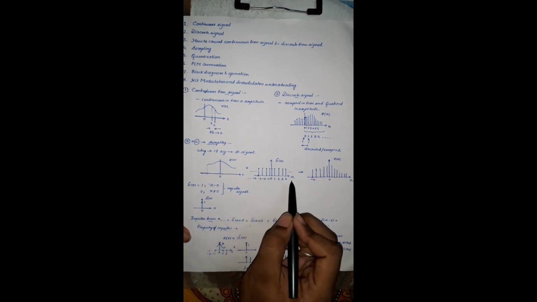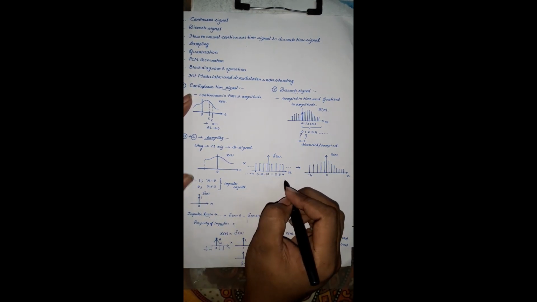As the impulses are present at discrete time intervals, the value of the signal will be in the discrete time domain also, right? So you can see that we have discretized the continuous time signal into a discrete time signal just by multiplying by a simple impulse train. This is nothing but sampling.